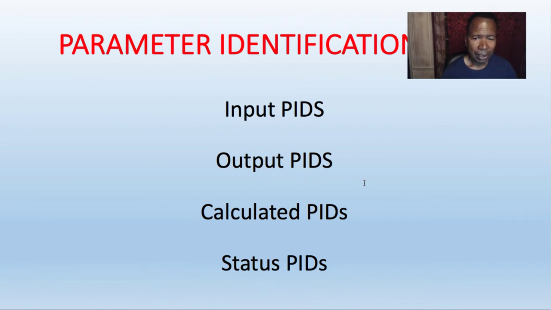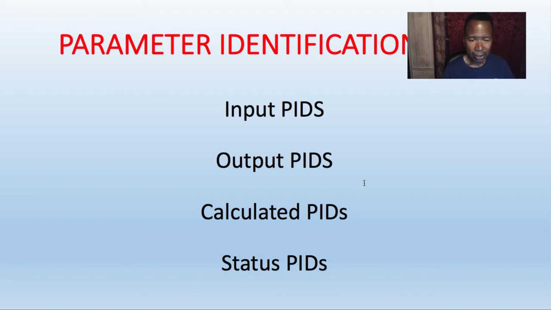First thing, parameter identification data. A scan tool should be able to look at parameter data: input PIDs like sensor inputs, output PIDs like actuators, like EGRs, purge solenoids, vent solenoids, air pump, injectors, output devices, short-term and long-term fuel trim.